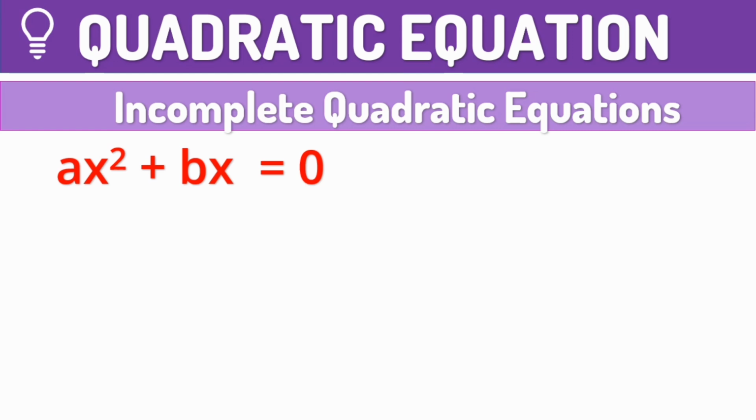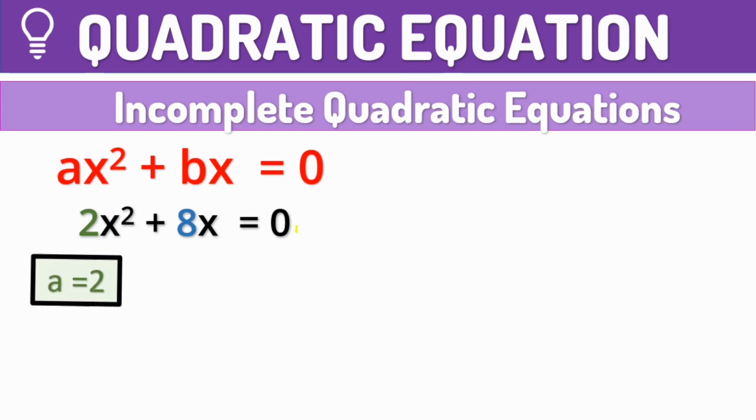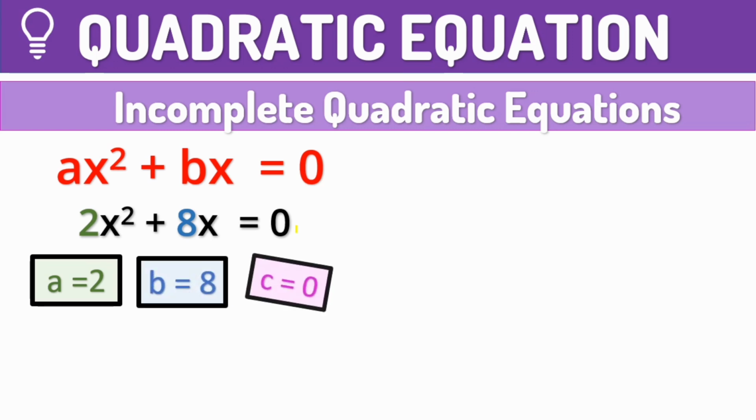Example of this equation, 2x squared plus 8x is equal to 0. If we are asked to find the a, b, and c, this will be the answer. A is equal to 2, b is equal to 8, and c is equal to 0. C is equal to 0 because there is no c here, right?